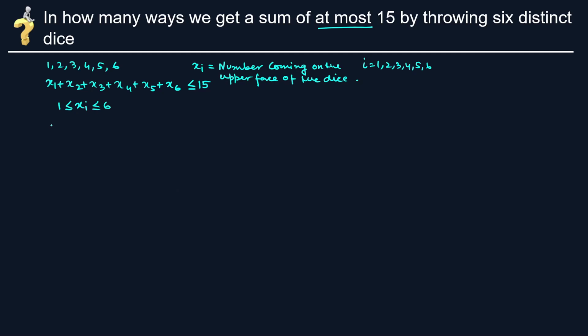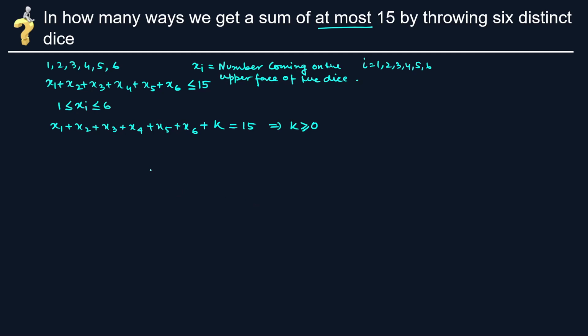So what I will do here is I will simply introduce a dummy variable. Let us say the dummy variable be k, which gives us 15. It implies that your k is greater than or equals to 0. Is it clear? So now, what do you want to find out?